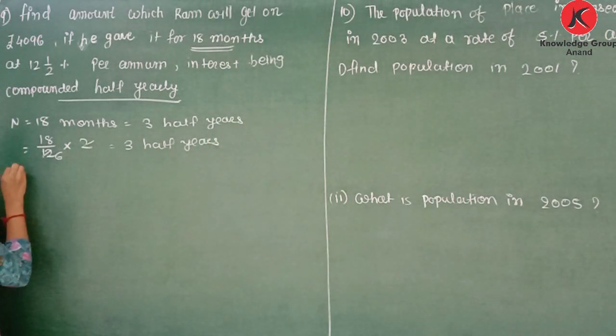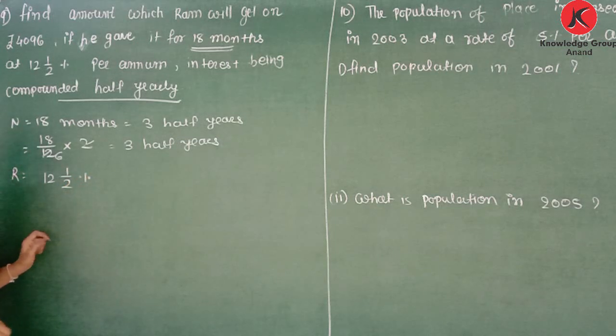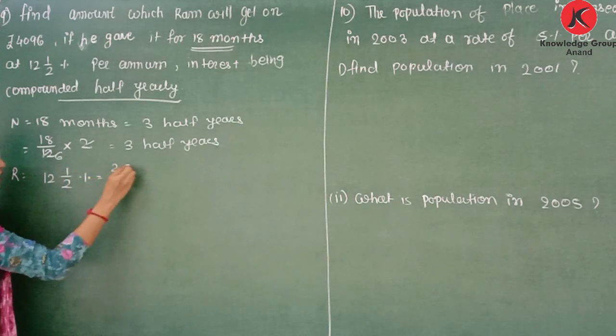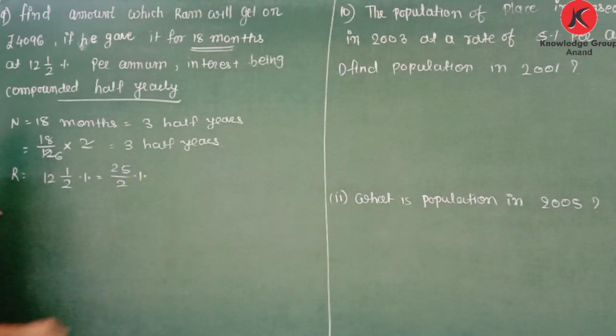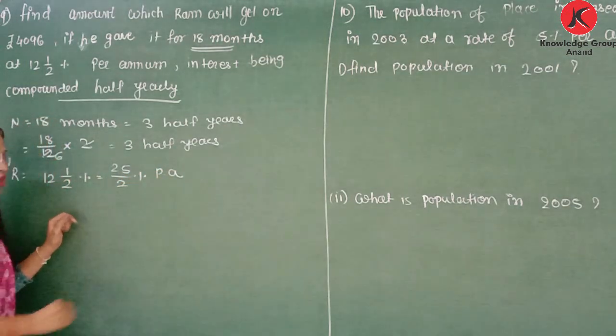Okay, your rate of interest is 12 1 by 2%. Now rate of interest will be divided by 2. So first convert this mixed fraction into improper. So 12 times 2 is 24 plus 1, 25 by 2%. Now we need to divide it by 2 because it is compounded half yearly.